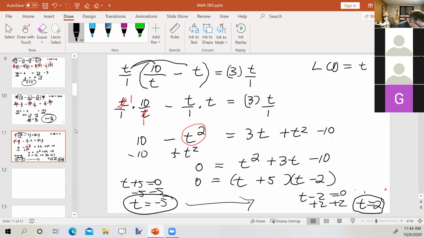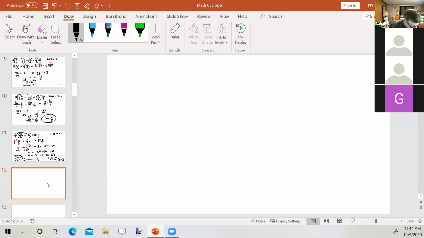All right. Let's see. Now I want to look at another equation. 4 minus 8 divided by x plus 1 equals 8x divided by x plus 1.